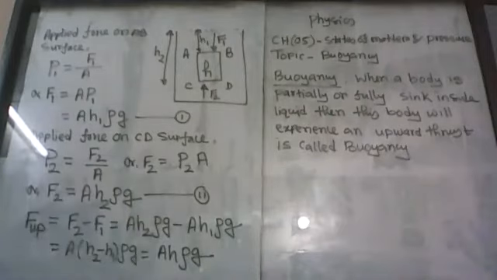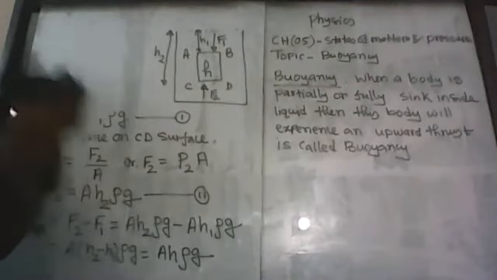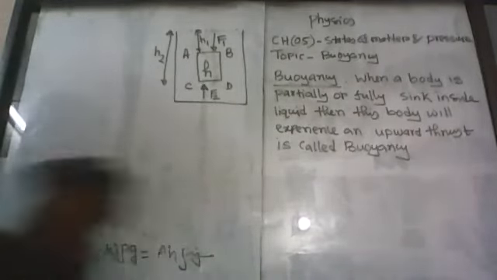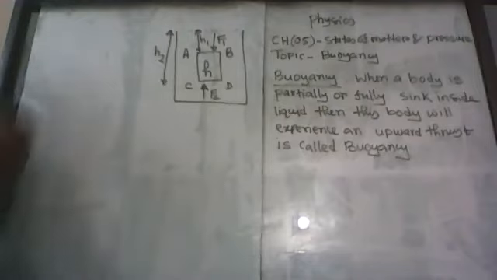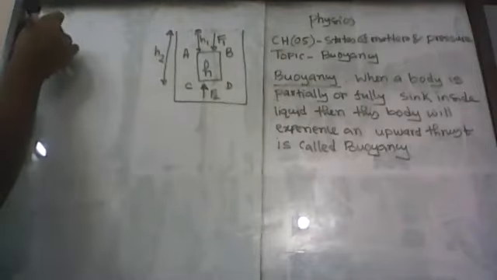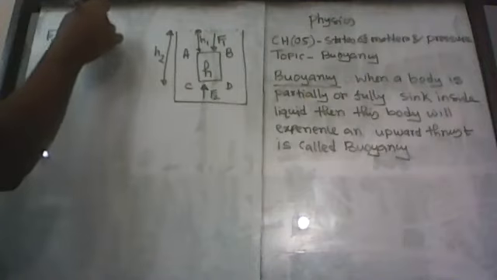Now, I can say that the buoyancy force applied on this body, F upward, will equal A H rho into G. Boys and girls, A is the area of cross section, and H is the height.